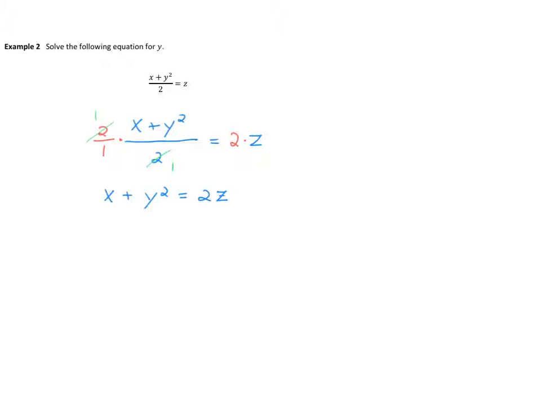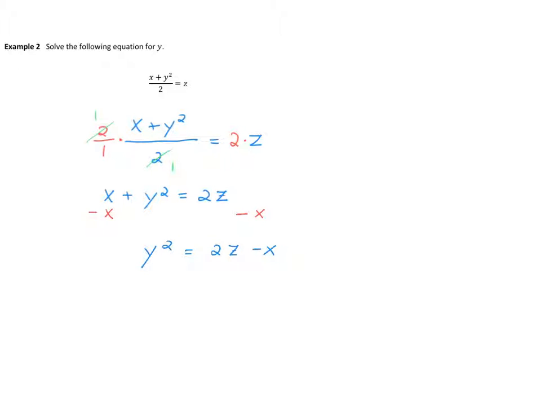Okay, so I need y squared by itself first, and I see that there's this x here, so I'm going to subtract x from both sides. I now have y squared is equal to 2z minus x.